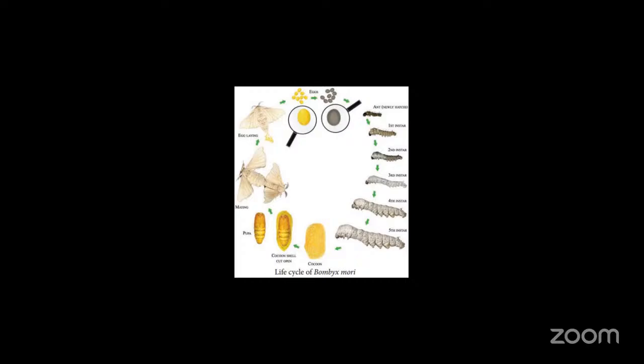We cannot manage this type of wild types like muga and eri. We can only culture the mulberry and oak tassar. Wild silks are also called vanya silk. This is a very important terminology.